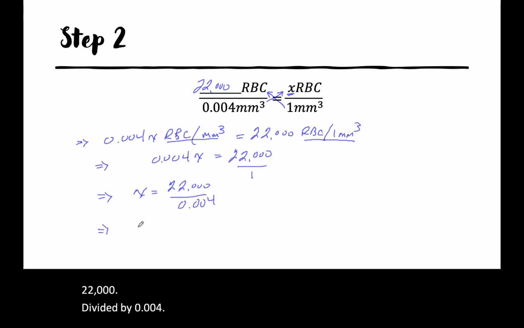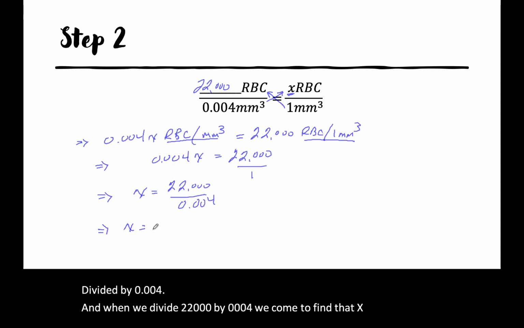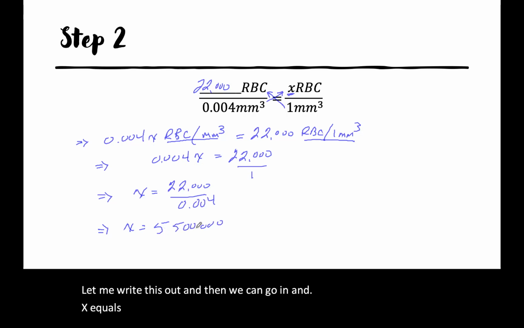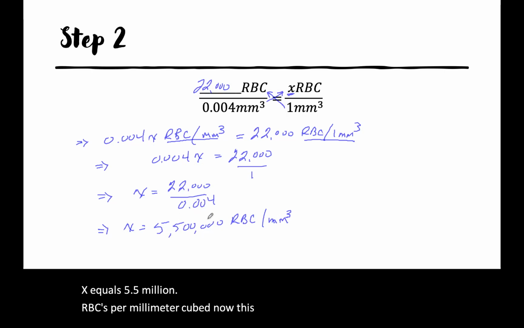And when we divide 22,000 by 0.004, we come to find that x equals 5,500,000 RBCs per millimeter cubed.